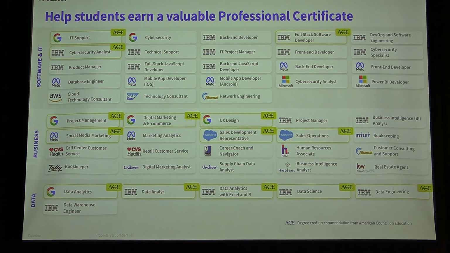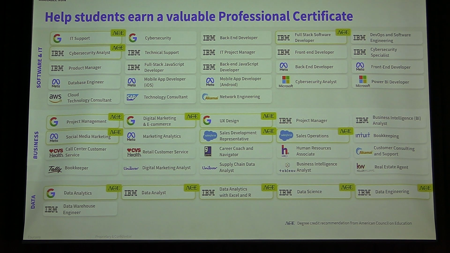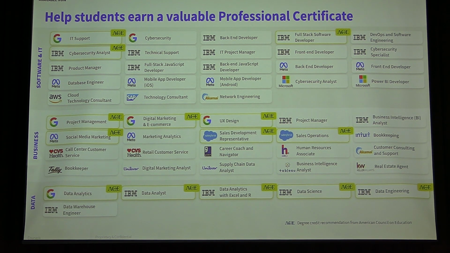So if someone wants to become a cybersecurity analyst, the IBM Cybersecurity Analyst Professional Certificate will take you from the beginning of that content to the end of it, maybe ending with a capstone project, so that a student who goes through that is able to build the skills required for that role, right?